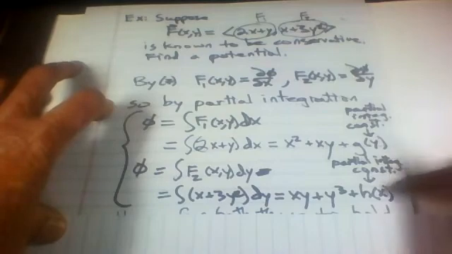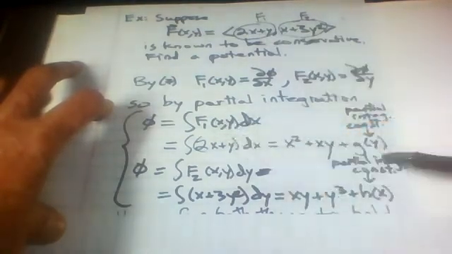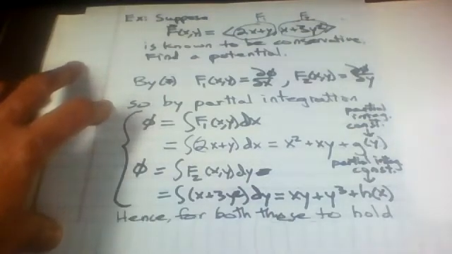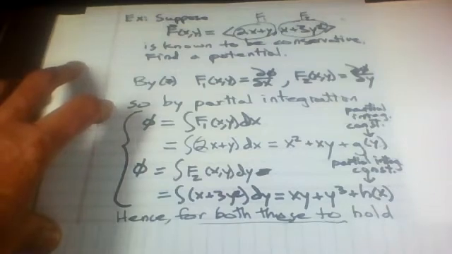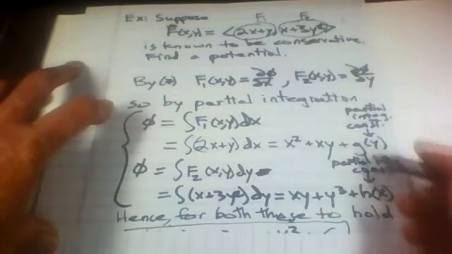For a conservative force, this always works because by definition it's a gradient, and you can integrate the gradient and recover phi. So if this doesn't work, either it wasn't conservative or I made a mistake. And actually, most vector fields are not conservative. For most vector fields, if you do this integration, you won't get these to match.